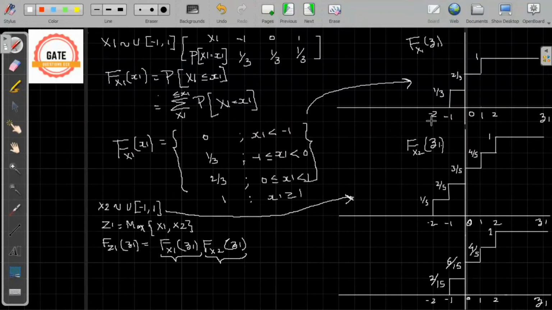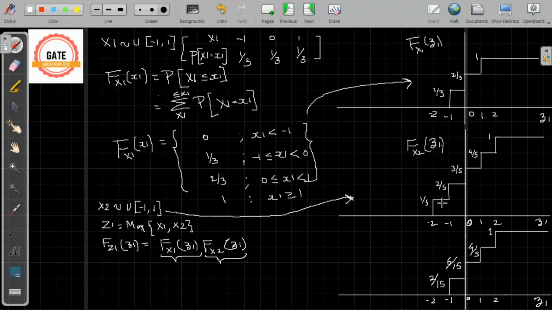Similarly, in the range -2 to -1, from the CDF of X1, its value is 0. From the CDF of X2, in the range -2 to -1, its value is 1 by 5. So 0 multiplied by 1 by 5 will again be 0. In the range -1 to 0, the CDF of X1 is 1 by 3 and the CDF of X2 is 2 by 5.